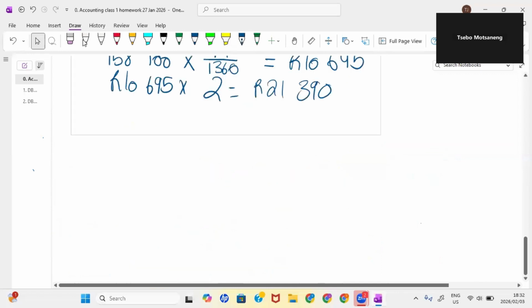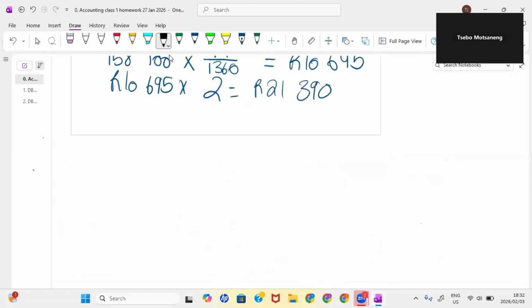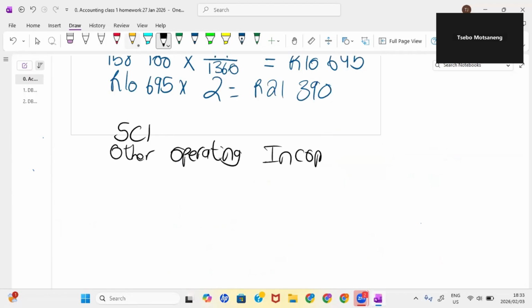So let's see how we deal with that in our statement of comprehensive income. Obviously, this is a rent income, so it would be recorded in the other operating income section, right? And then we have rent income.